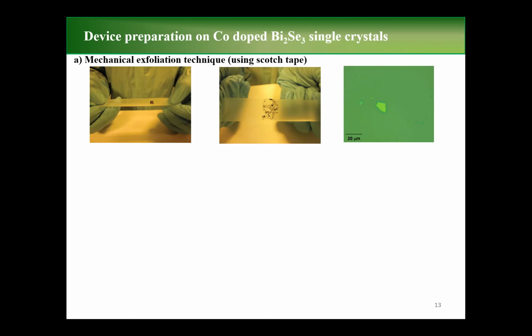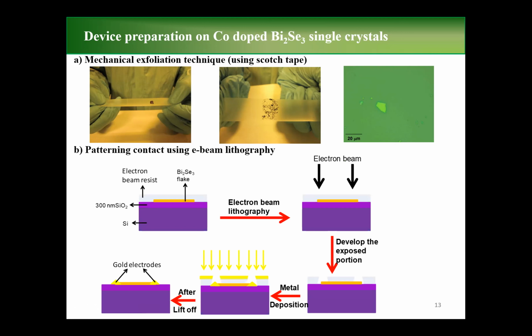So we can easily exfoliate it using Scotch tape, peel it off several times, and place the Scotch tape on a silicon dioxide substrate and find the desired flake that we are interested in.